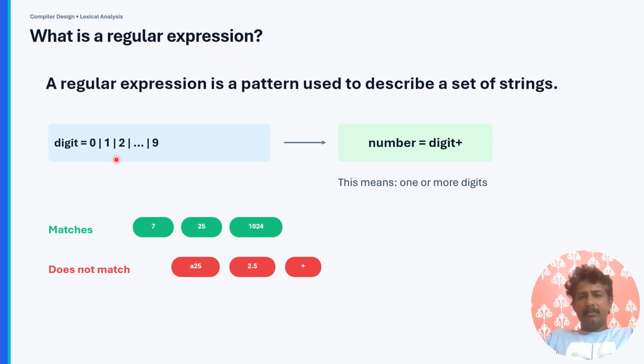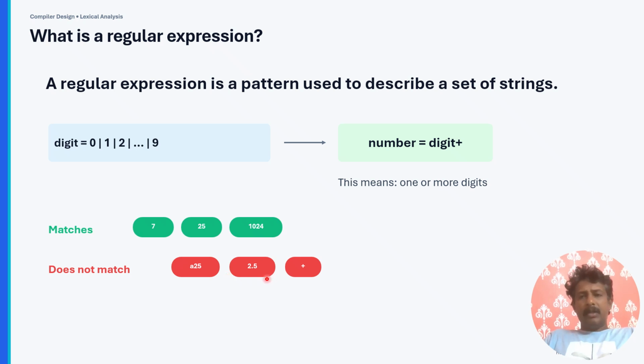If I write number equals digit plus, it means a number is one or more digits. So 725 and 1024 match the pattern. But 825 with a letter in front does not match, because it starts with a letter.